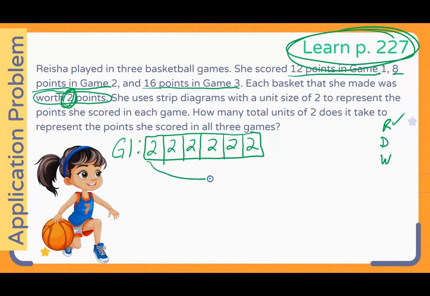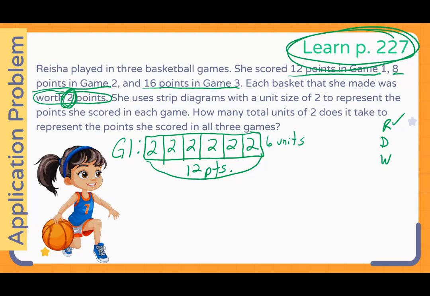And we know that all of this is 12 points. Now, how many units is that? We have 1, 2, 3, 4, 5, 6. So that's 6 units.